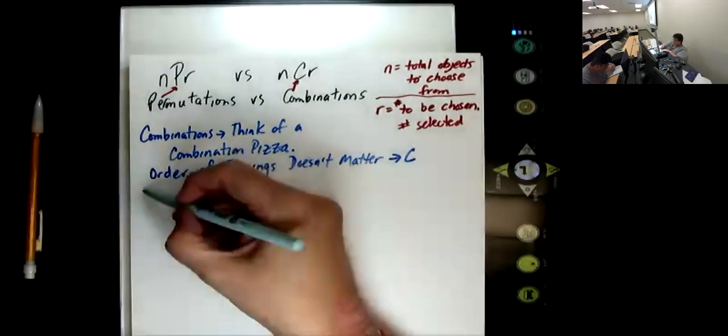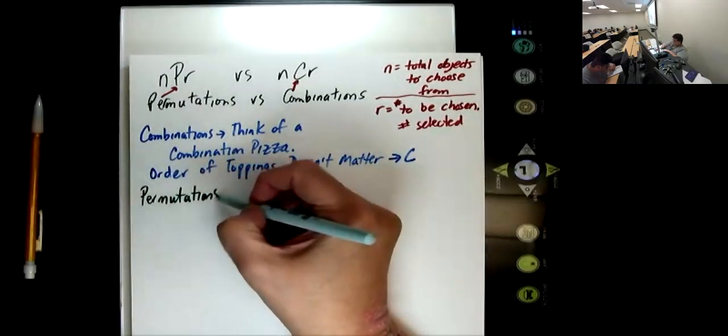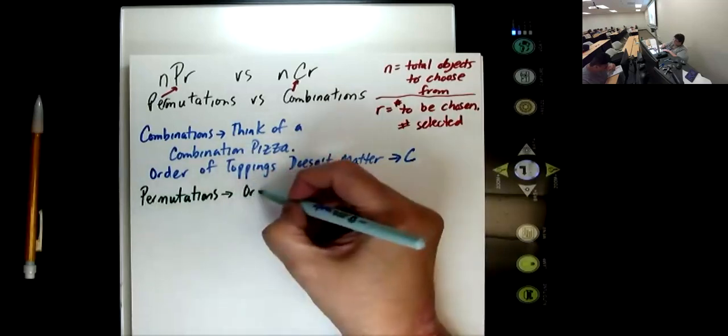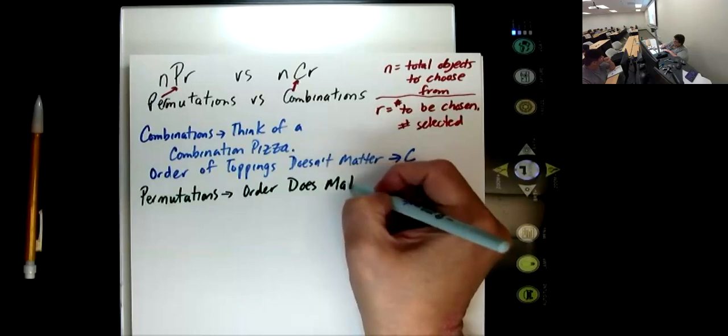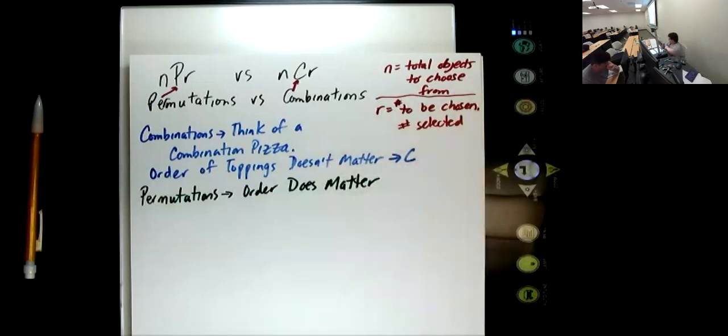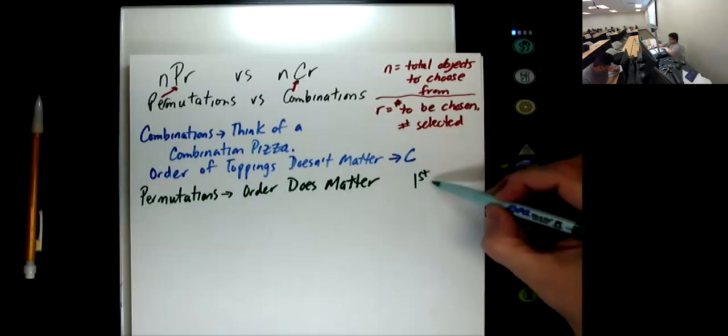Permutations. Order does matter. That's the real big difference between these. Like if there's a first, second, and third place.